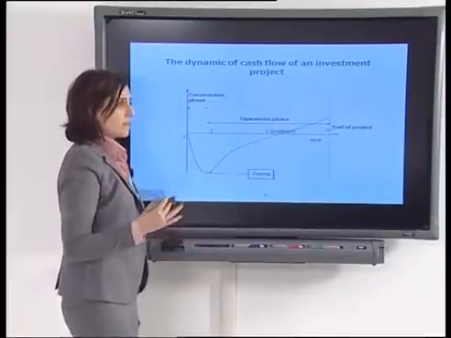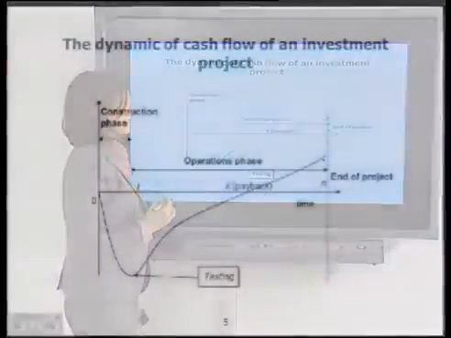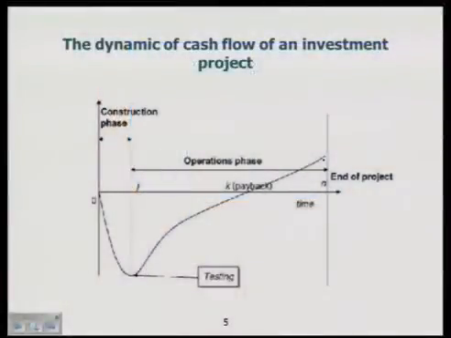Let's first describe the dynamic of cash flow of an investment project, in particular a project finance investment. As you can see, during the construction phase we have cash outflow because of the construction of the infrastructure, which reaches the maximum level at the end of the construction, at this point.